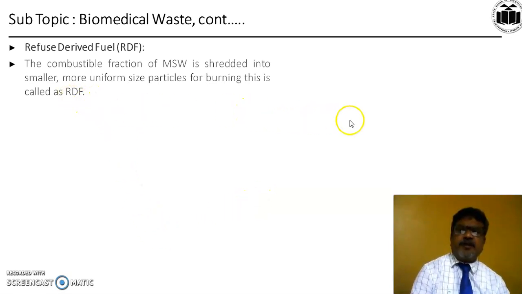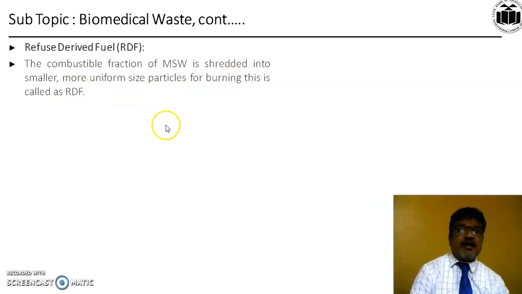The combustible fraction of municipal solid waste is shredded into smaller parts, more uniform size particles, and then these particles are used for burning in the industry as a substitute of coal.